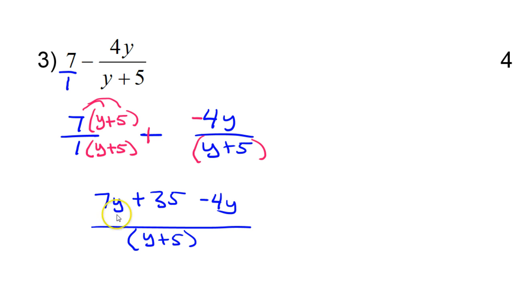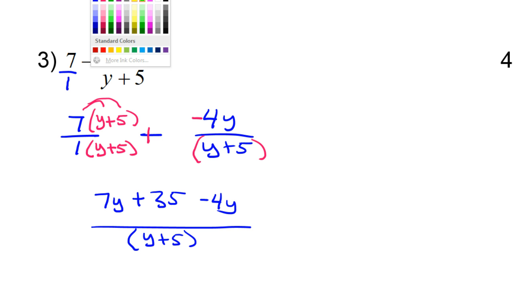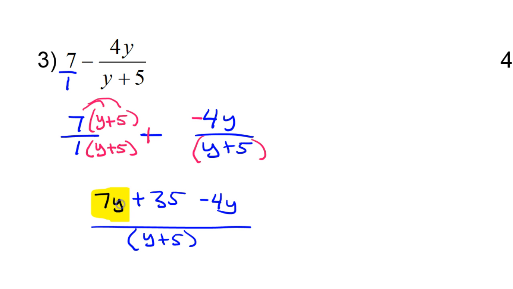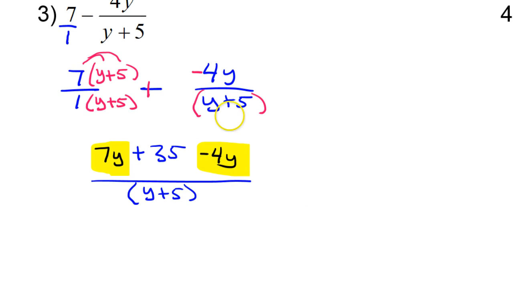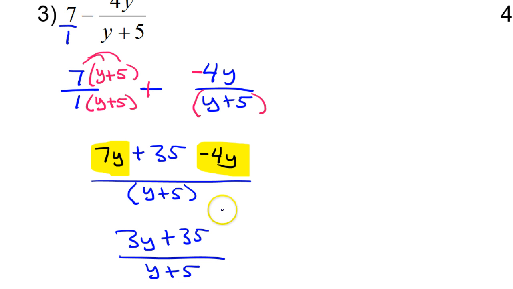So my like terms are the 7y and negative 4y. So that's going to give me 3y. So I have 3y plus 35 over y plus 5. Alright, there's no common factor.